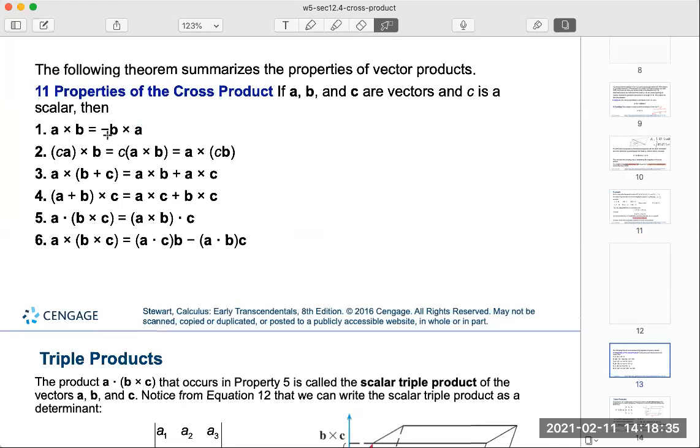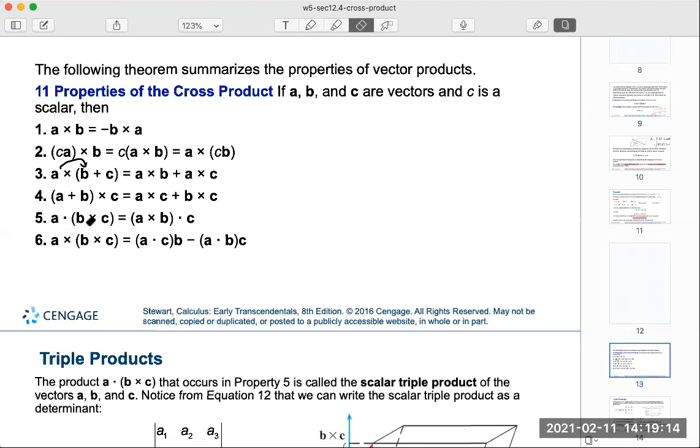A cross B will be the negative of B cross A. A scalar c times A cross B: we can take that scalar out or multiply that scalar with B first. Okay. And the distribution rule still applies here. A cross (B plus C) will be A cross B plus A cross C.